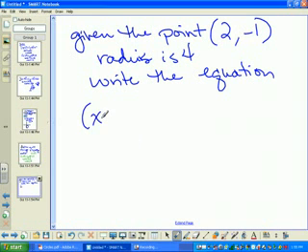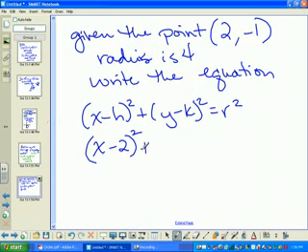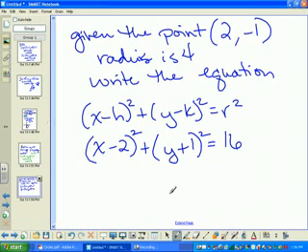So if we know our equation is x minus h squared plus y minus k squared equals r squared, what are we plugging in for h and for k? The 2 and then negative 1. What are we going to be plugging in for r? The 4. So we're going to have x minus 2 squared plus y plus 1 squared equals 16.